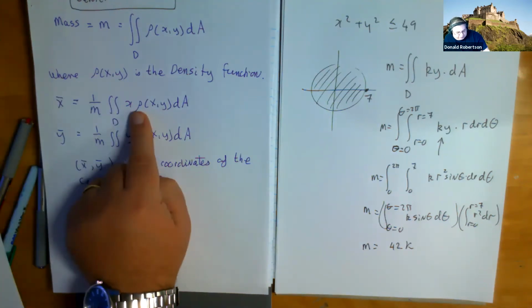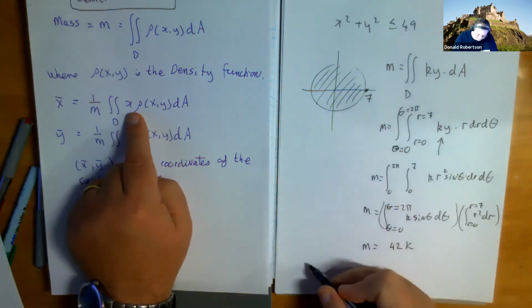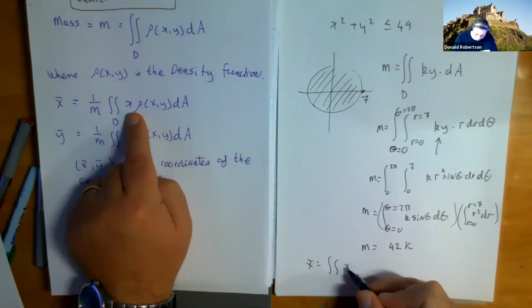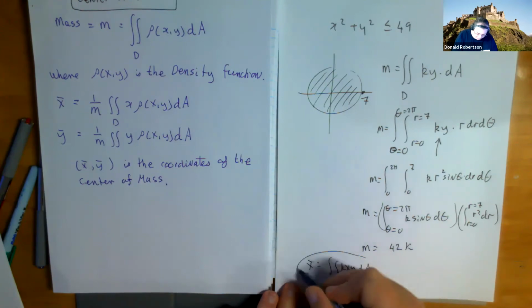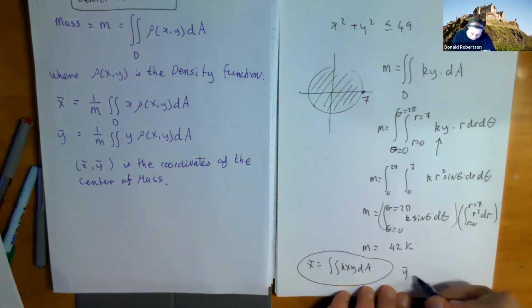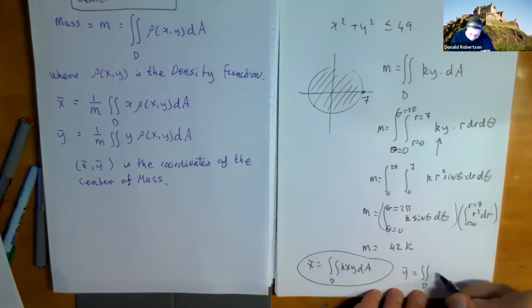So what's the difference going to be for x bar? Well, for x bar, won't I stick an extra x in there? And won't that be the calculation? And to get y bar, won't I stick in an extra y?